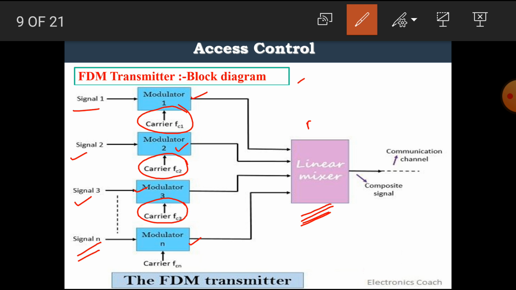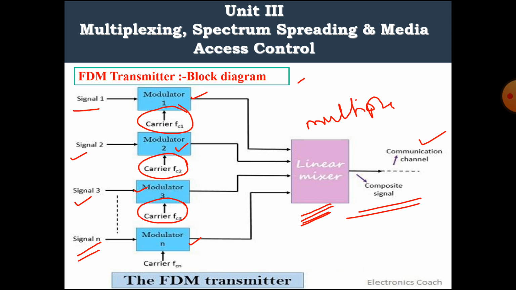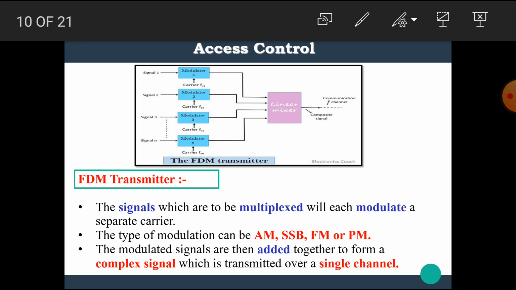This mixer, meaning the multiplexer, multiplexes all these input signals and combines them into a single composite signal for a communication channel. Now let's see the detailed description of the FDM transmitter. The signals which are to be multiplexed will each modulate a separate carrier.